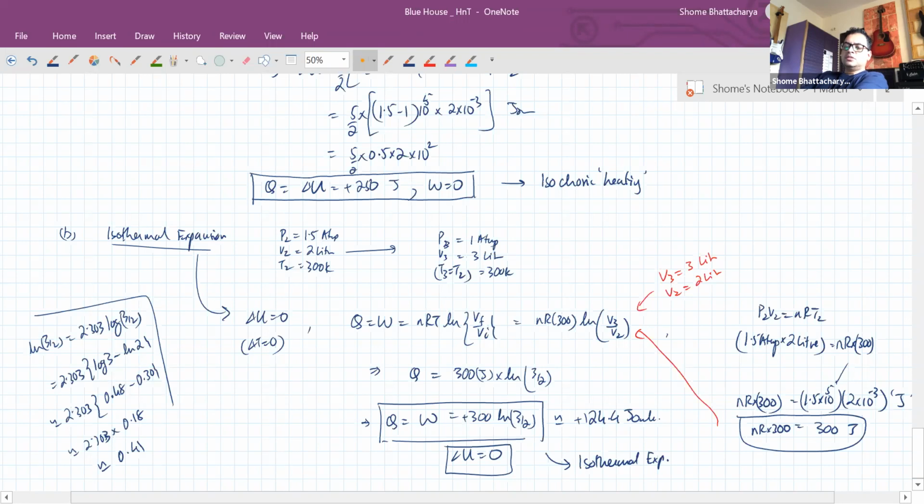Isobaric process, the W will be equal to minus 100 joules, and the Q will be minus 350 joules, whereas delta U will be minus 250 joules. So if you're getting that, then that's correct.